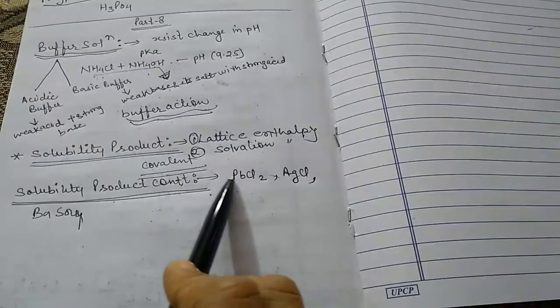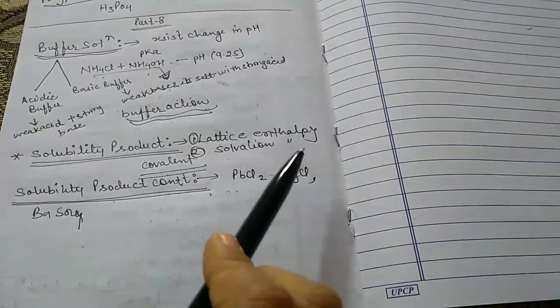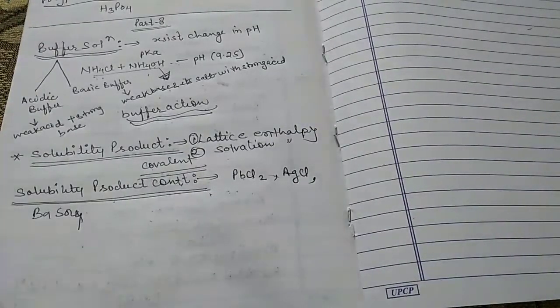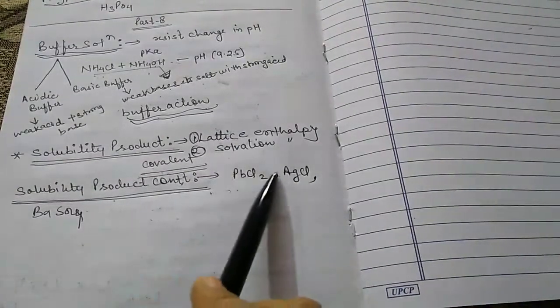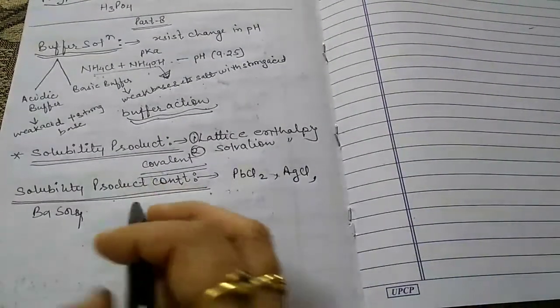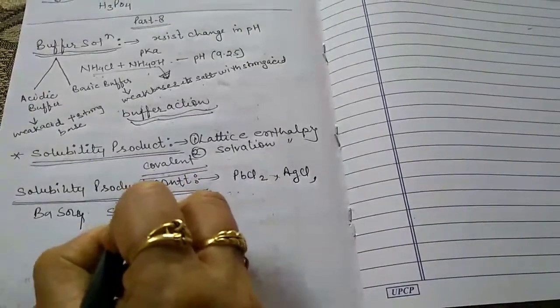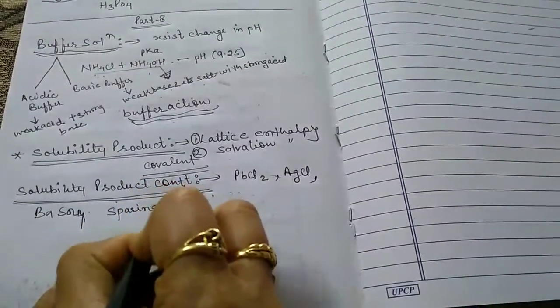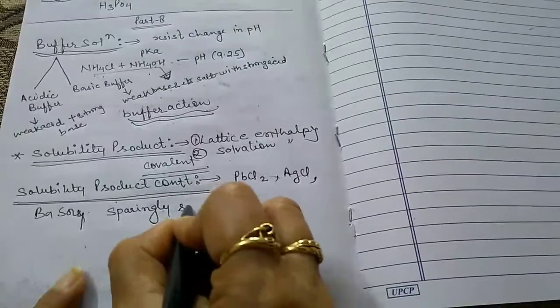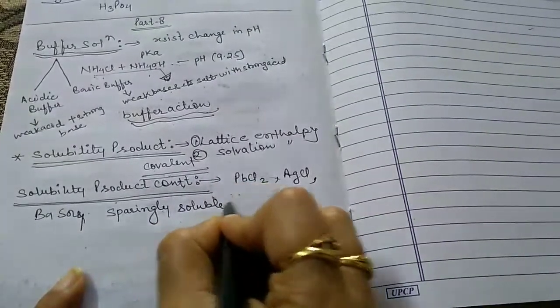So lead chloride, silver chloride and barium sulfate are less soluble in water. These slightly soluble substances are known as sparingly soluble salts.